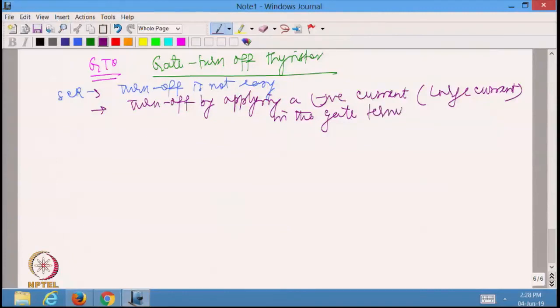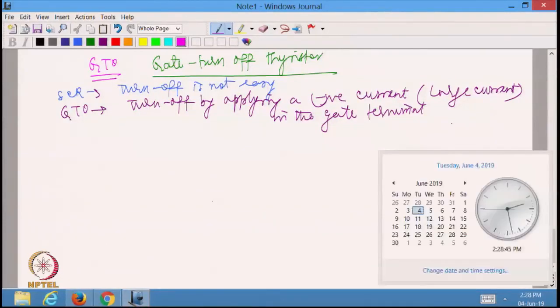By applying a positive current in the gate terminal, which is a small current, we turn it on, whereas in a GTO we will be able to turn it off by applying a large negative gate current. The GTO symbol is somewhat like this.